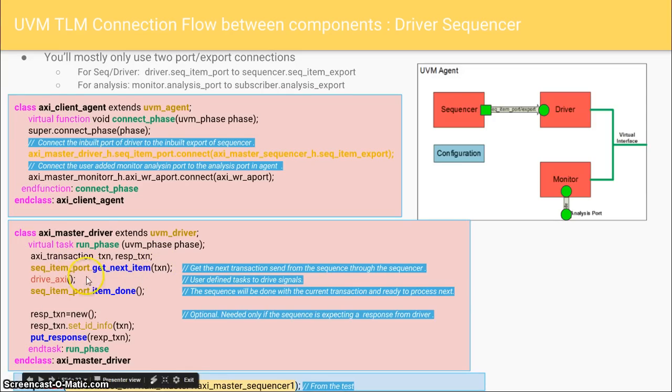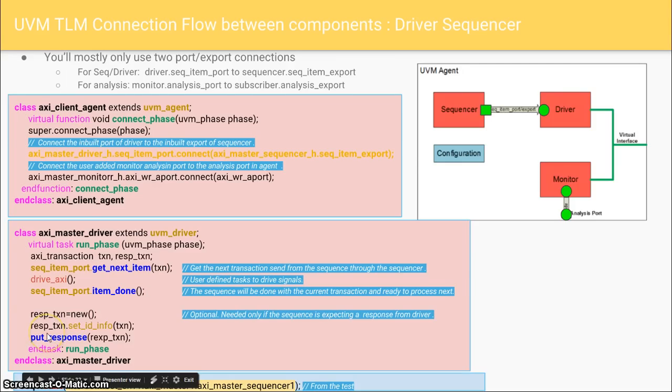After that, you can drive the transaction into the DUT by using appropriate protocols, and when the driving is done, you have to call seq_item_port.item_done, which will finish this transaction. It says that the transaction is finished in the driver, and it will release a waiting stage in the sequence.